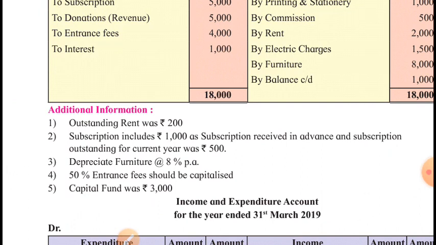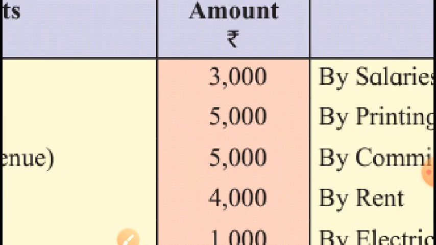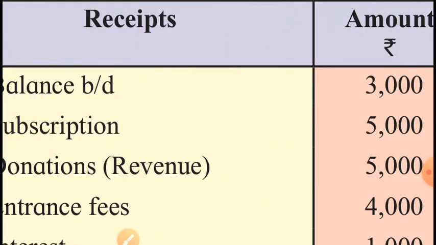In advance means received this year but for the next year. So out of rupees 5000 subscription received this year, rupees 1000 are not for this year. So we can't show this 1000 subscription on the income side of this income and expenditure account.